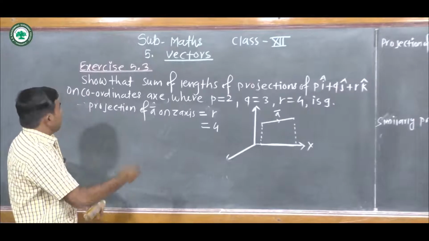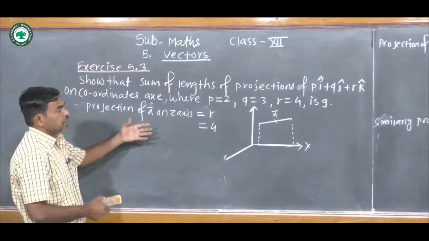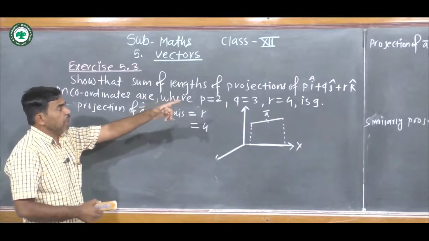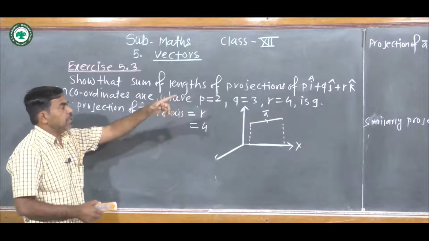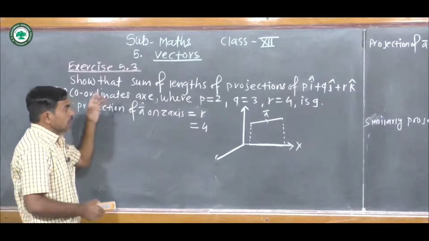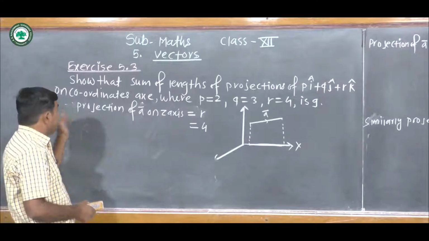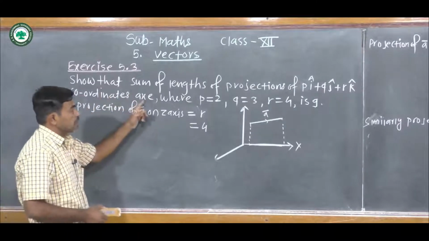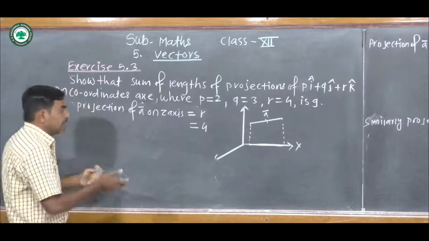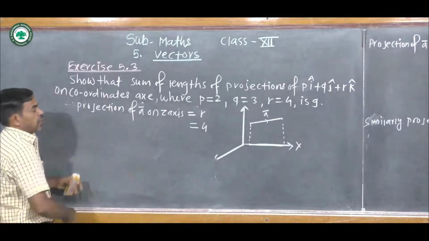In this case, we have to show that the sum of the projections of P into I cap plus Q into J cap plus R into K cap, means sum of the projections of A bar on coordinate axis is 9. So let's see the sum of these three projections.